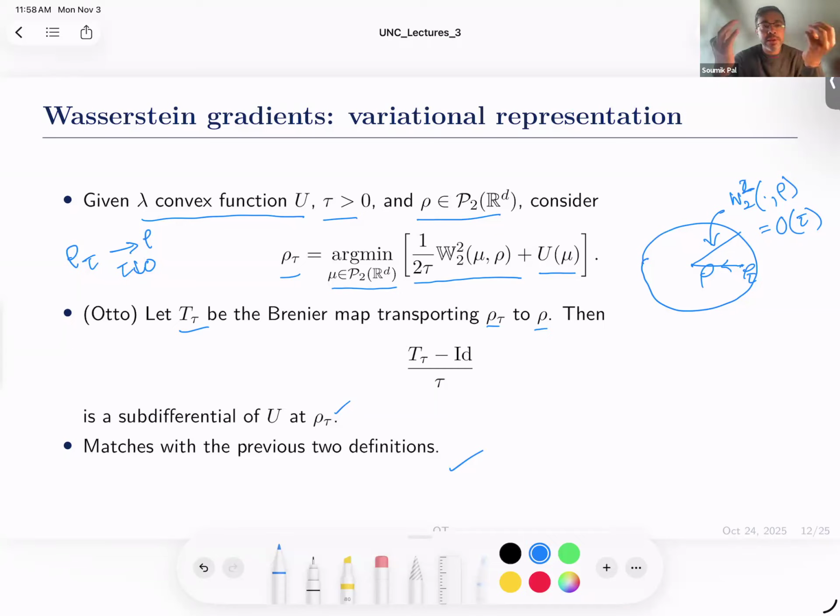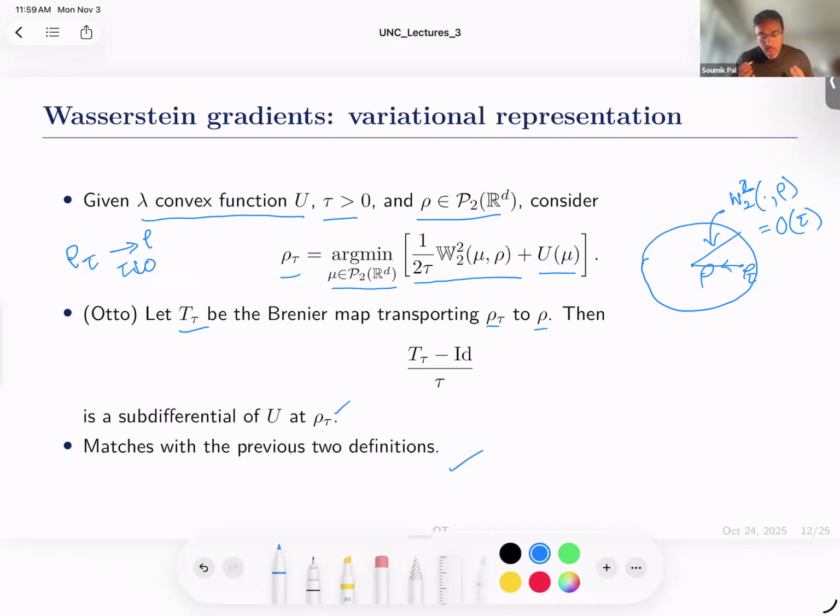This is one such way, and it comes with natural monotonicity and nice properties. It is a bit unintuitive because you don't just add Gaussian noise to make it smooth. Instead, you solve a variational problem and look at the minimizers, which always admit a Wasserstein subdifferential. That subdifferential is simply given by T tau minus identity over tau.